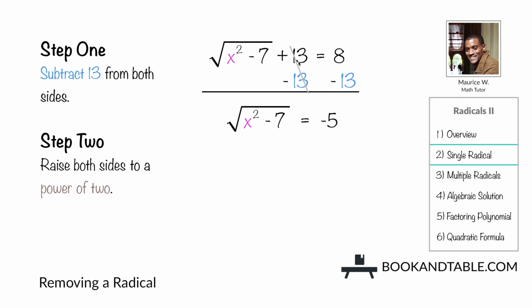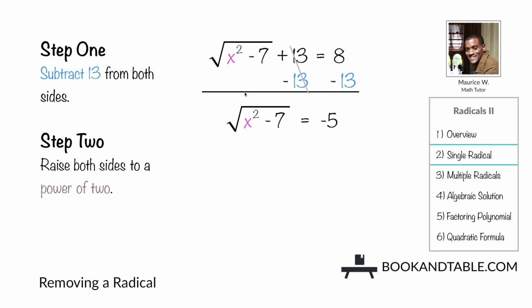So in this case, the only other thing on the same side of the equation as our radical term is this constant, positive 13. So step 1, subtract 13 from both sides. That negates this term, 13, leaving you with just the radical term on the left side, the square root of x squared minus 7. And on the right side, you now have 8 minus 13, which would give you negative 5.